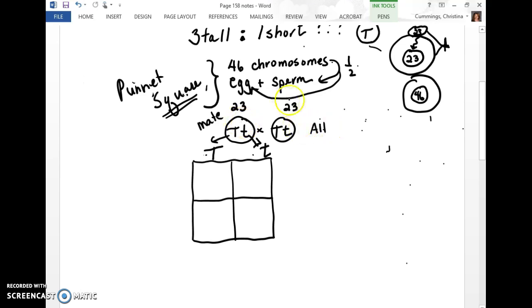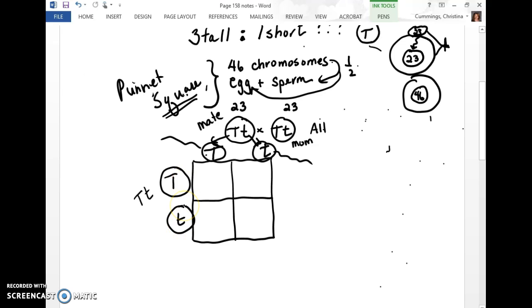So this was the dad. This is the mom. We're going to do the same thing for her over here. Her genotype, because she's a hybrid, is capital T, lowercase t. When she makes her egg cells, those alleles are going to separate. So this is the male sperm. Sorry guys, don't mean to be graphic, but it kind of helps to draw a little picture.